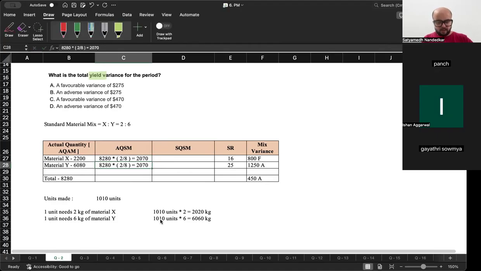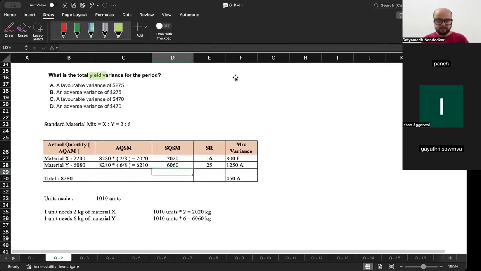And 8280 into 6/8 is 6210. So 2020 is standard quantity, standard mix for X. 6060 is standard quantity, standard mix for Y.